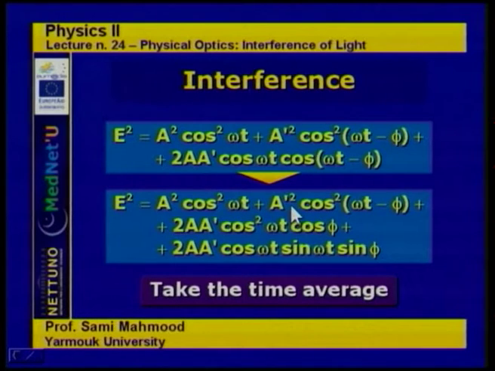And the average of A is A because it's constant. Now, the time average of cosine omega t is 0, and the average of sine omega t is also 0. We can view cosine omega t times sine omega t as an odd function in time, and the average of it is 0. So when we take the average of the square electric field, this last term drops out.